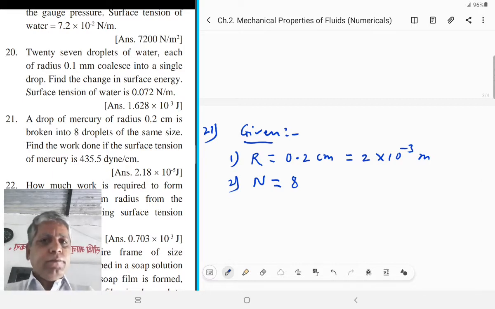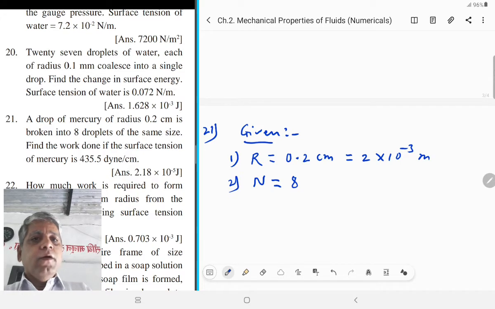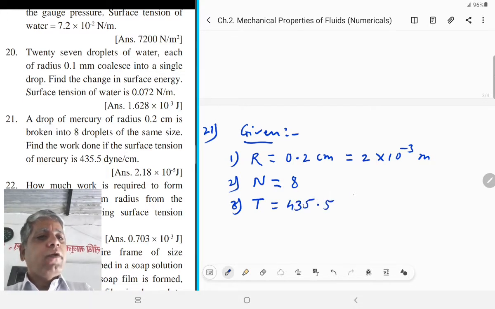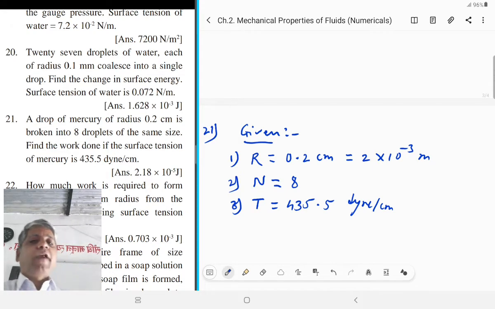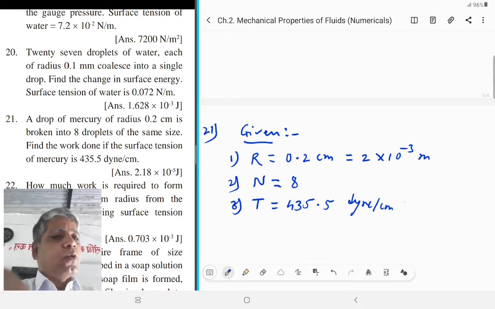Now here third given point is surface tension of mercury, that is equal to 435.5 dyne per centimeter is given. Convert it into Newton per meter. 1 dyne is equal to 10 raised to minus 5 Newton and 1 centimeter is equal to 10 raised to minus 2 meter.